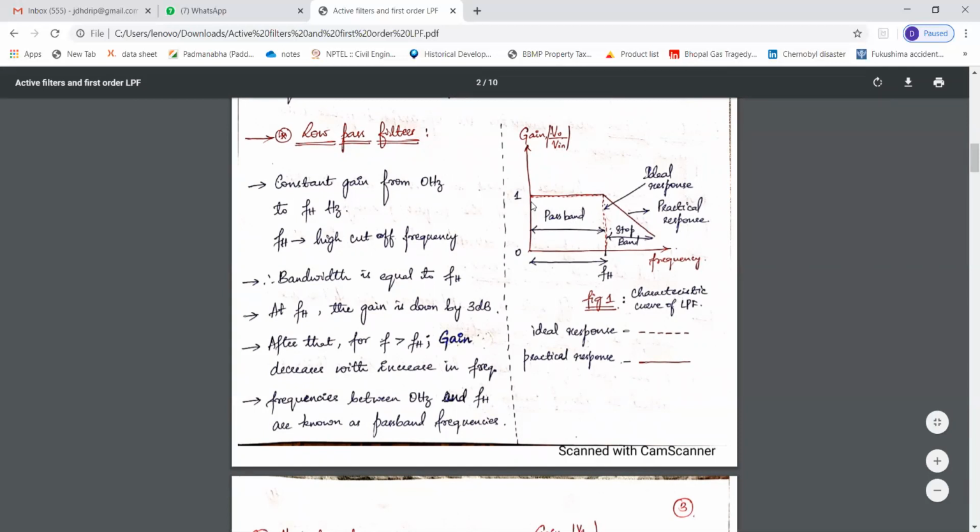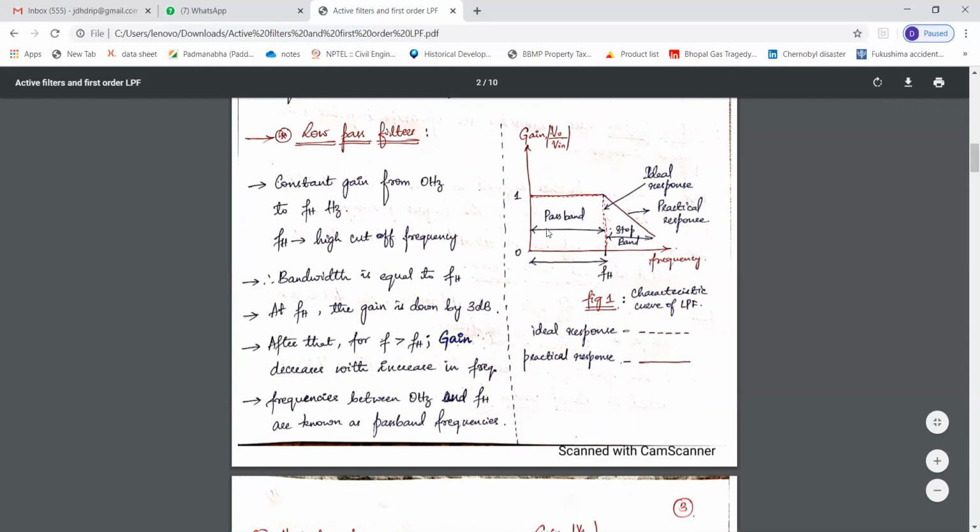You can observe here that the lower frequencies are passed and the higher frequencies are attenuated. The graph indicated with the dotted line is the ideal response, but practically you will not get the same graph; it will not decrease suddenly, it will decrease gradually.